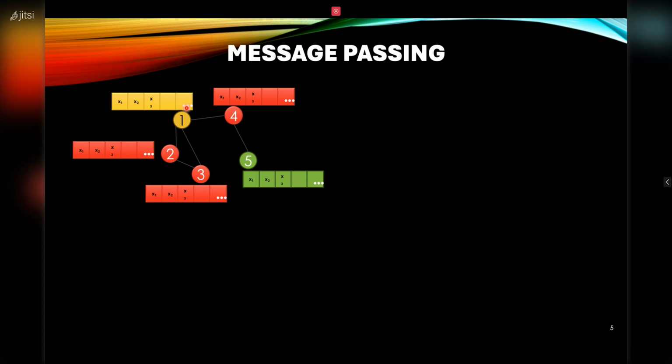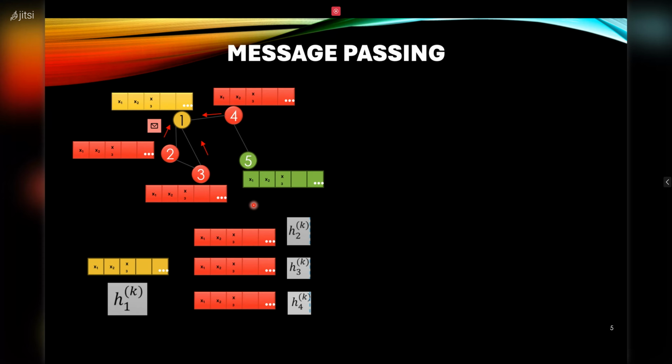How can they convey this to the teacher? Maybe they can join this information to make a representative and send it to the teacher. They gather this information as h1, and then they send it to the teacher. This is the message passing we utilize in graph neural networks.